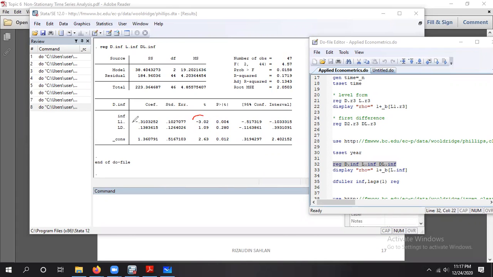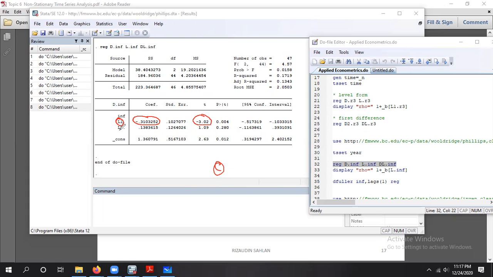Look carefully when looking at the value, because I want to focus on the value of the theta. So which one is the theta? This is the value of the YT, so this is the value of the theta, and the statistic for the theta is negative 3.02.